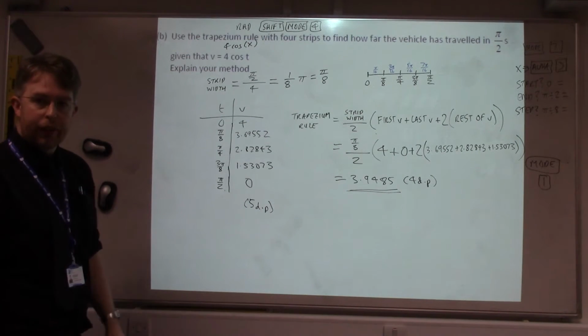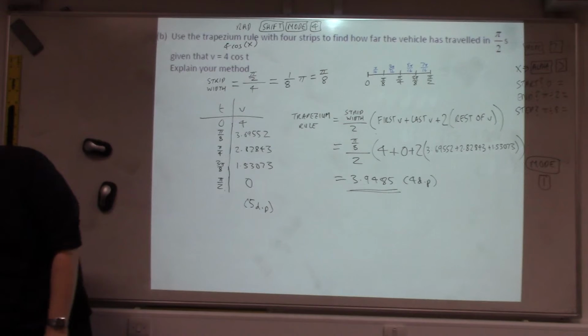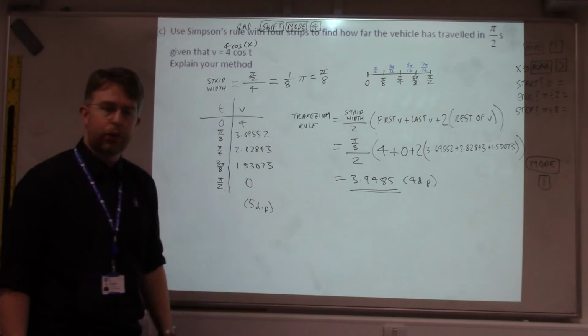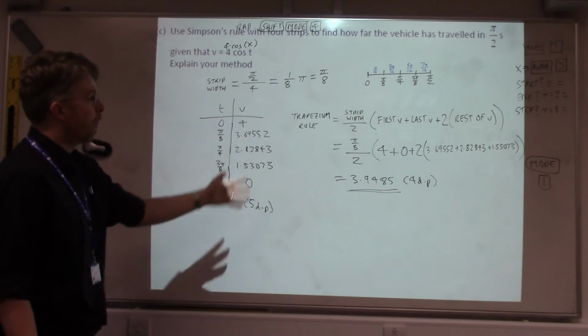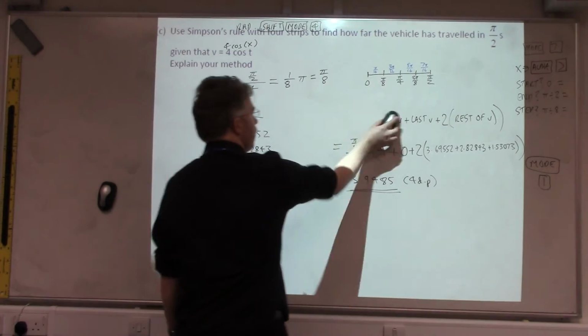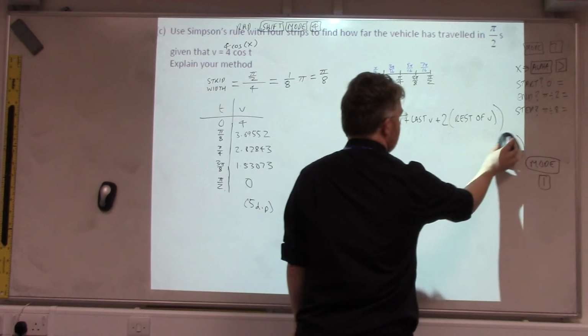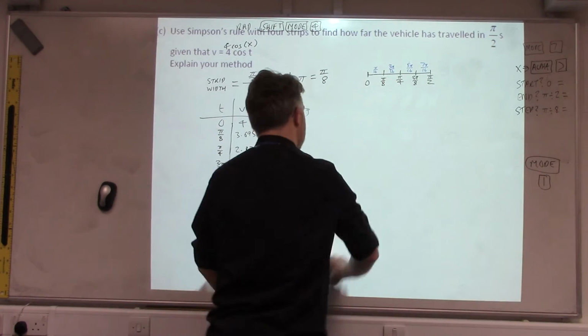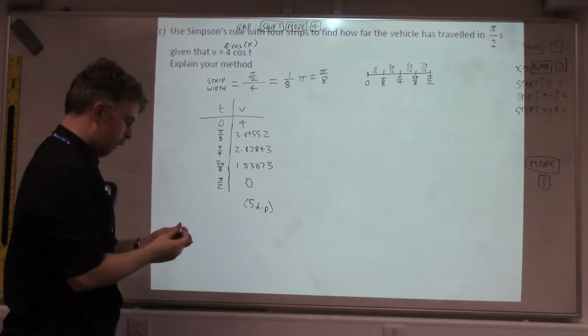So then we move on to Simpson's rule. Now if you remember from the last section, Simpson's rule uses the same table, so we don't have to create a new table, we can use the same values that we've got. But it is a different rule.